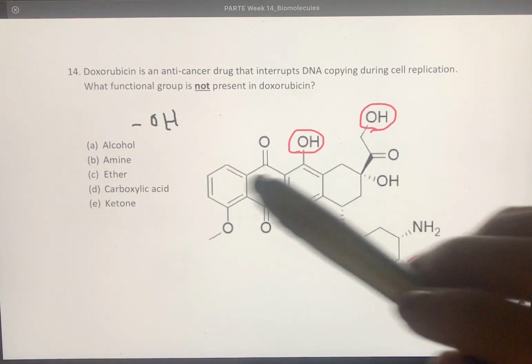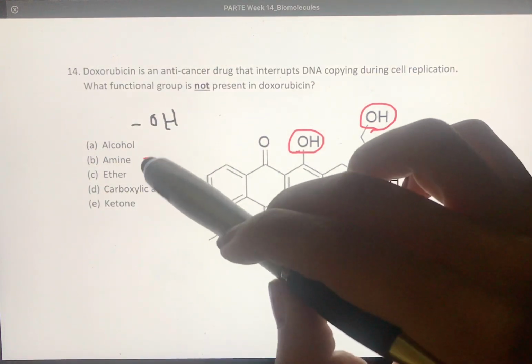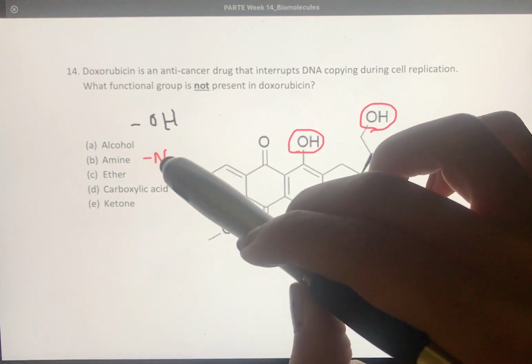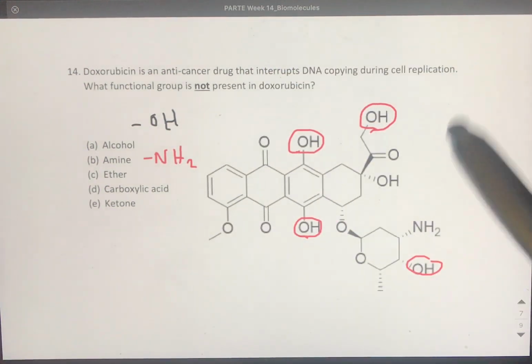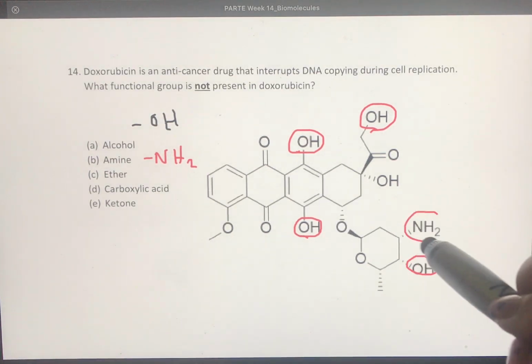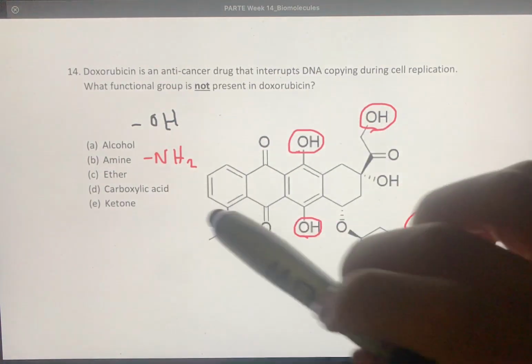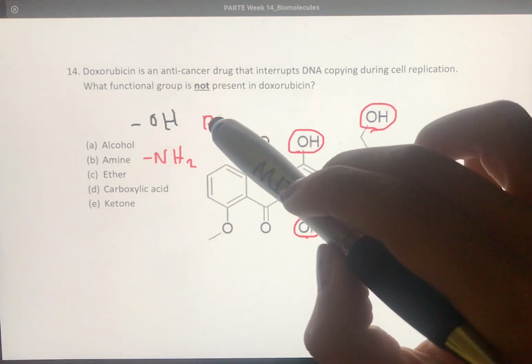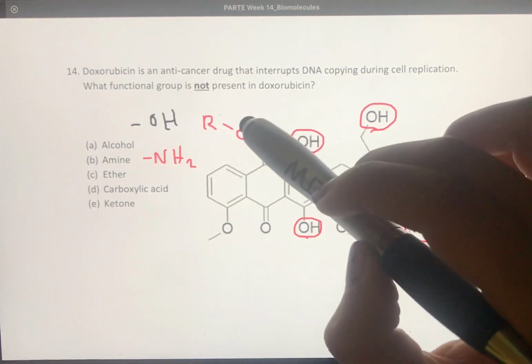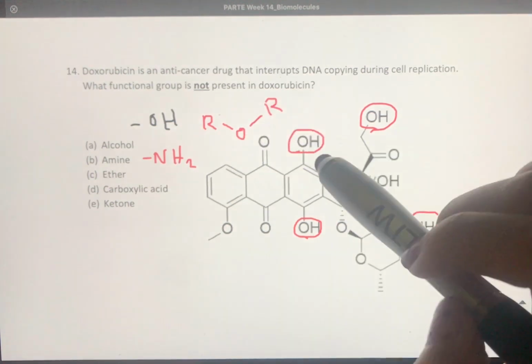And then the next one is an amine. So amines are when you have a nitrogen, you might have H2, just one H. No H's, still counts as an amine. So that one is found here. An ether is when you have a carbon group, so like we call that an R group with an oxygen and then also bound to another one.